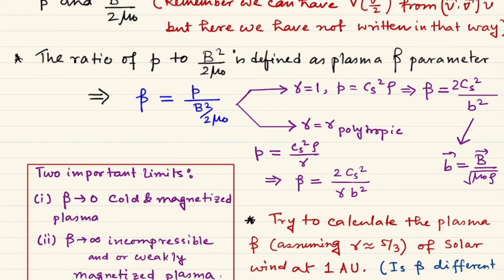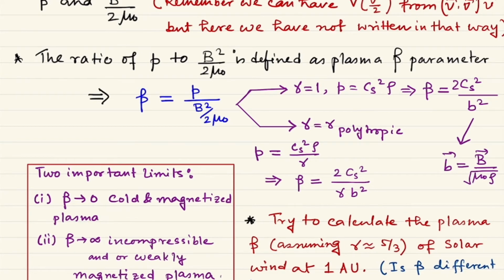That means the temperature is very low for the plasma, so the plasma should be very cold. And there is another possibility, that B should be very large, infinitely large. It simply says that the plasma is subjected to a very strong magnetic field.